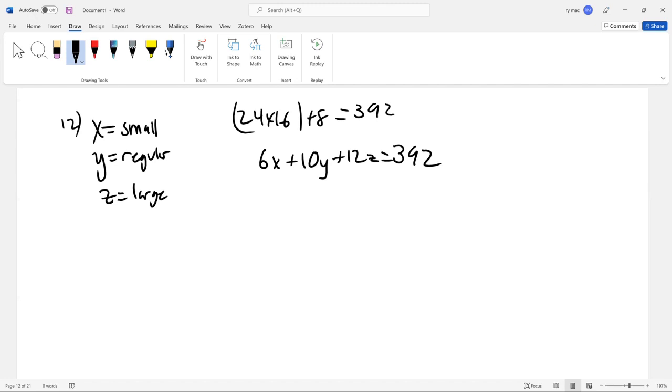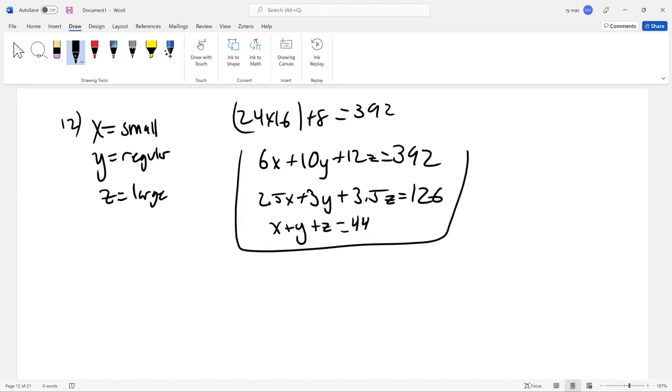So it's 2.5 for the small, 2.5x, 3 for the regular, and 3.5 for the large. And that has to equal 126. And then the last one, it might be a little bit hidden, but you just have to add up our variables, and they have to equal 44, because it has to be 44 total sandwiches. So my last one is just going to be x plus y plus z is equal to 44. And those are my 3 equations.